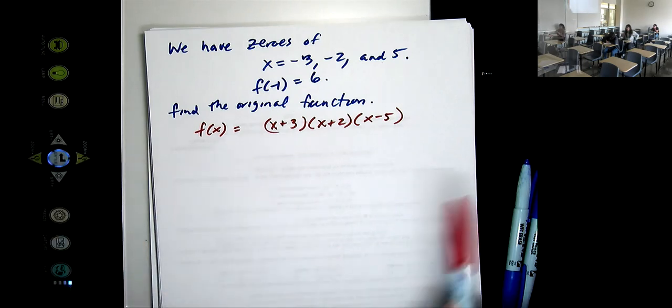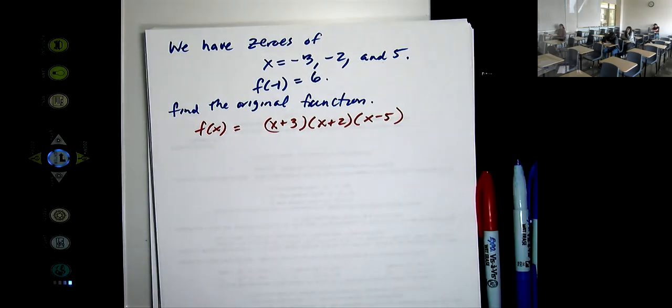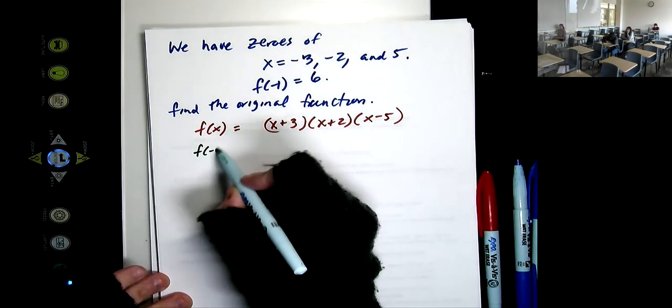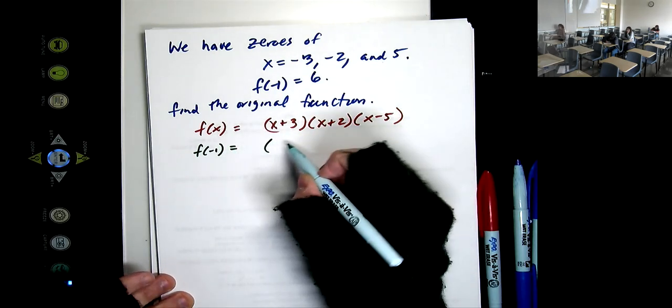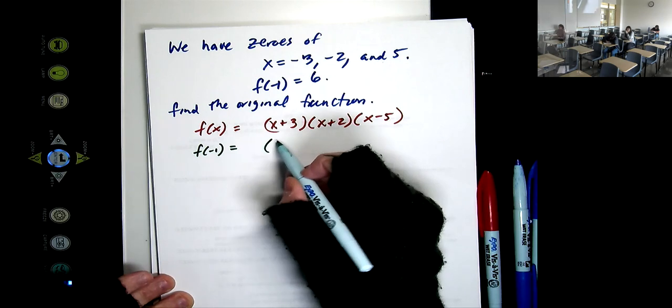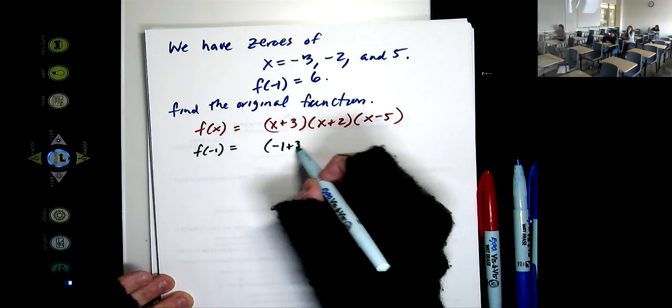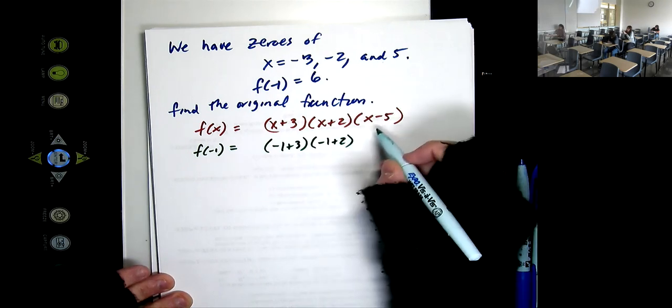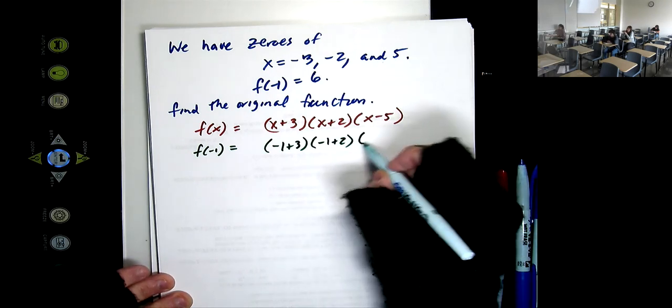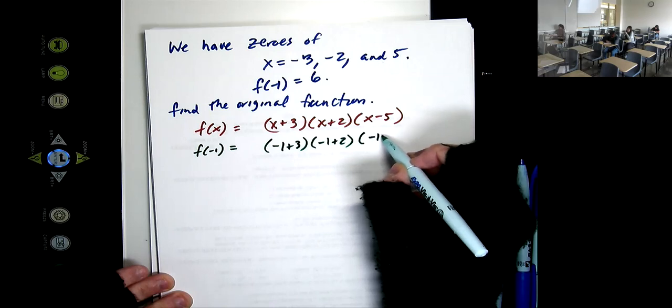Let's try sticking in f of -1 real quick and see what we get. -1 plus 3. -1 plus 2. And -1 minus 5.